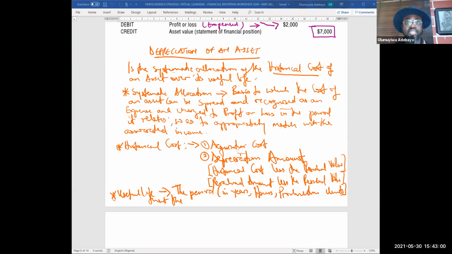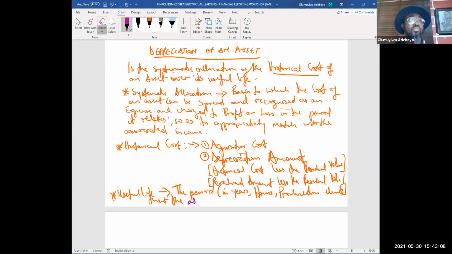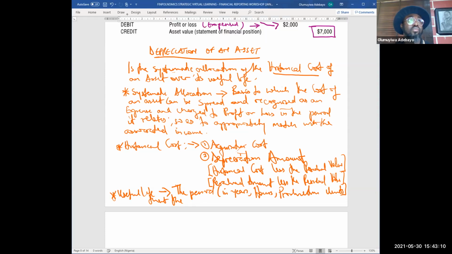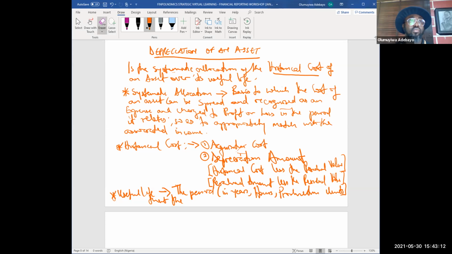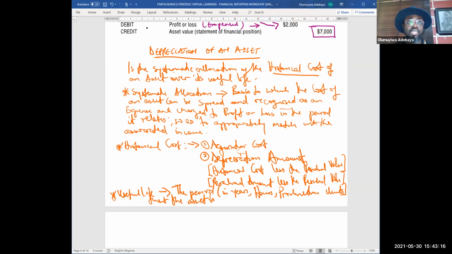Now, the period in years, hours, or production units that the asset is expected to be put in productive use.